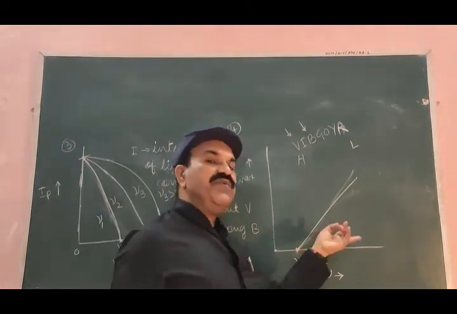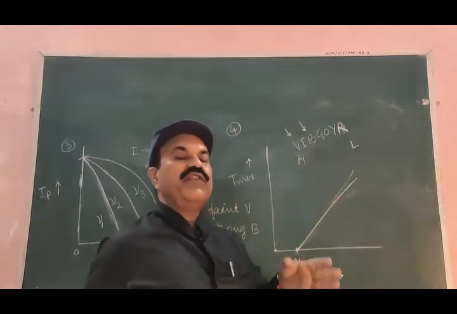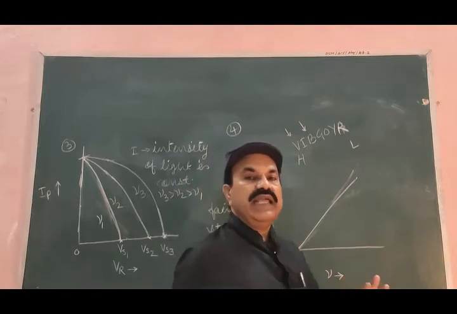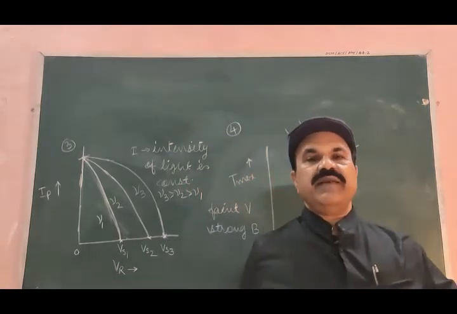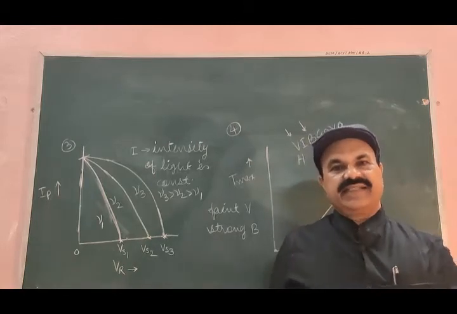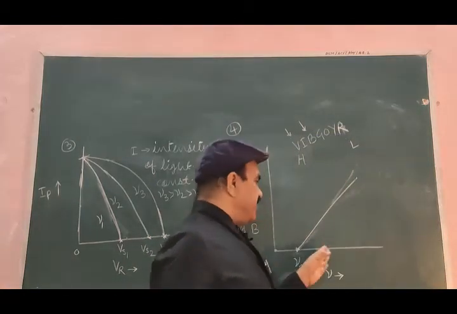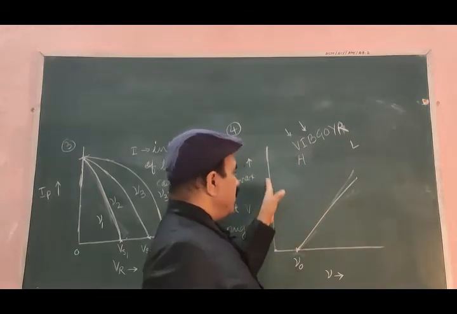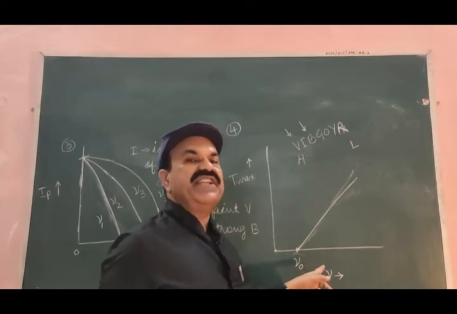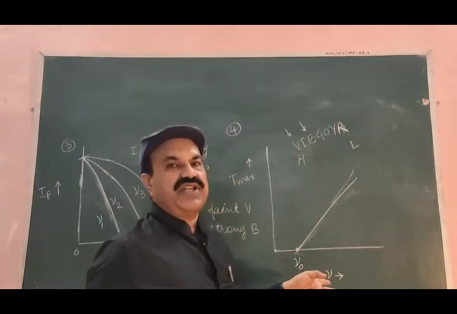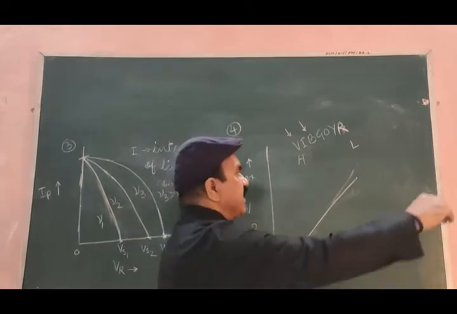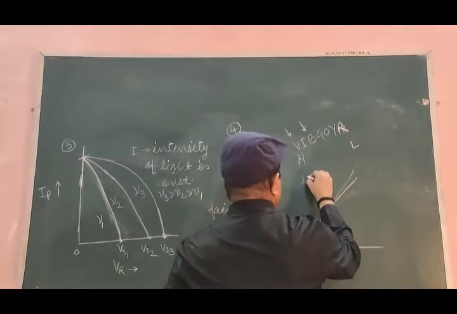From frequency nu 0 onwards, only if we use frequencies more than nu 0 will photoelectrons be emitted from the given metal, and as you go on increasing the frequency, their kinetic energy will also go on increasing.